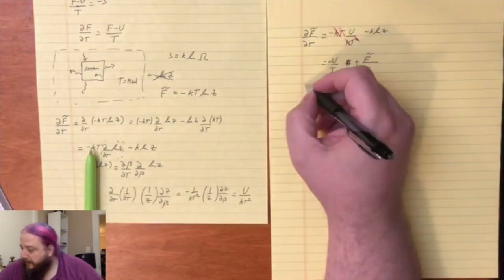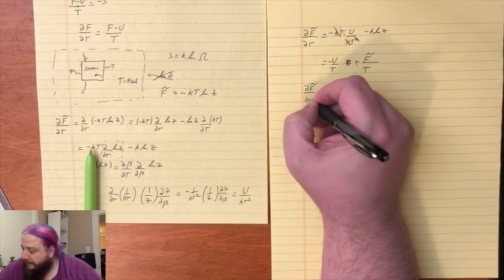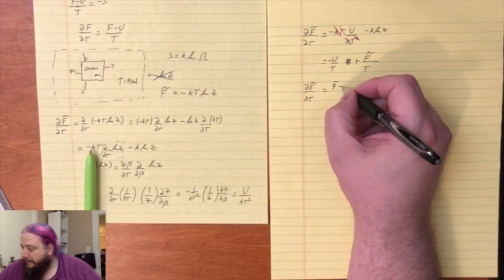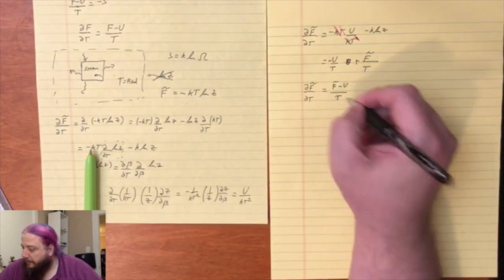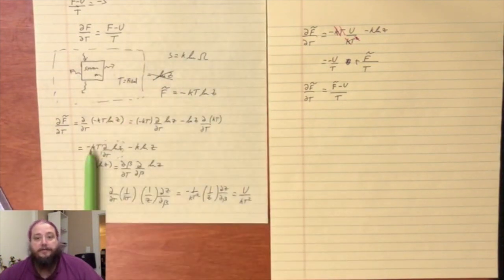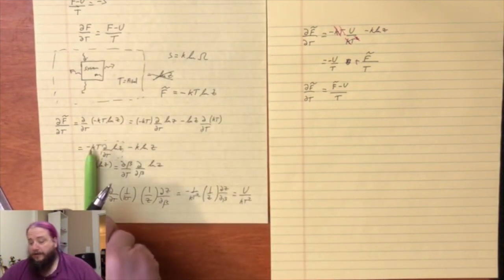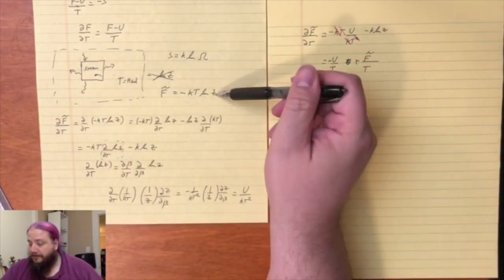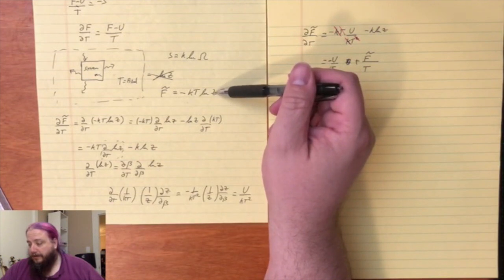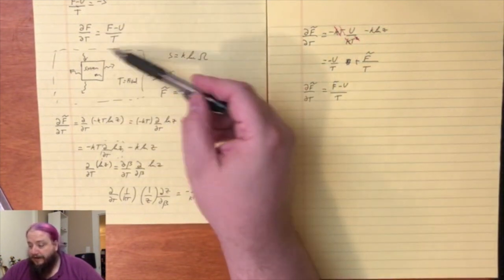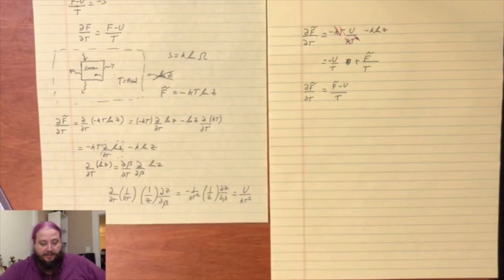So then df tilde dt evaluates to f tilde minus thermal energy over temperature, and lo and behold, that is indeed the differential equation we were trying to say this is a solution for. So yes, if this is the functional form of the Helmholtz free energy in terms of the partition function, then plugging it into this differential equation would in fact give us that.